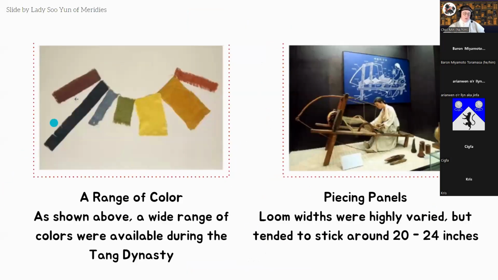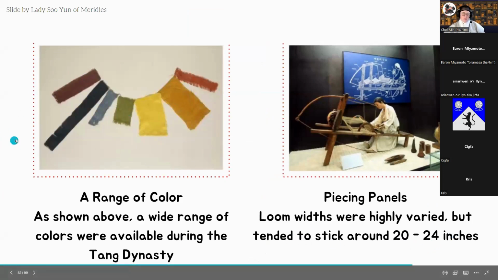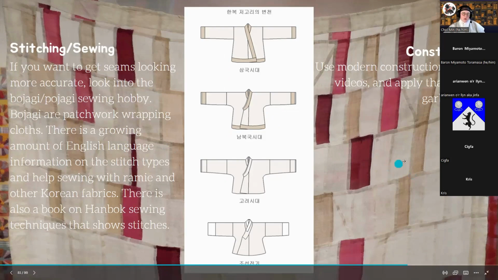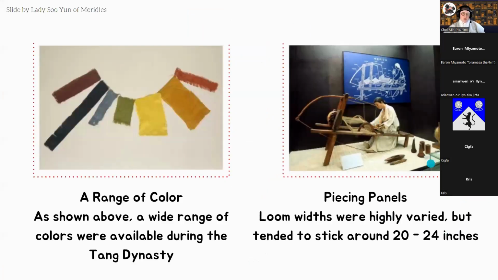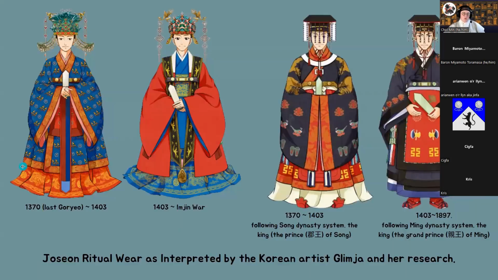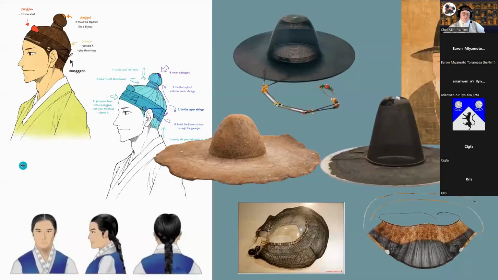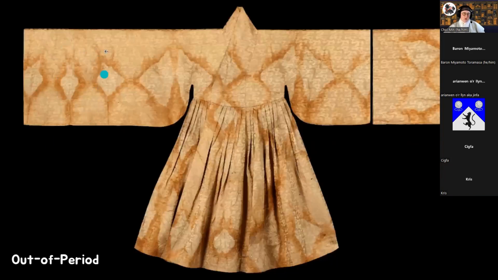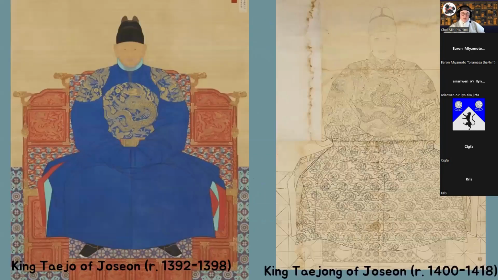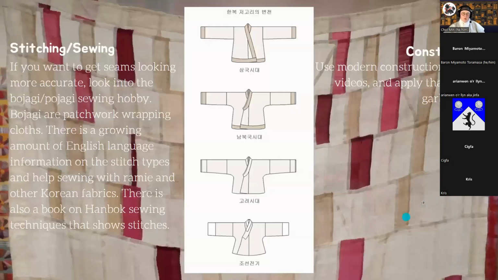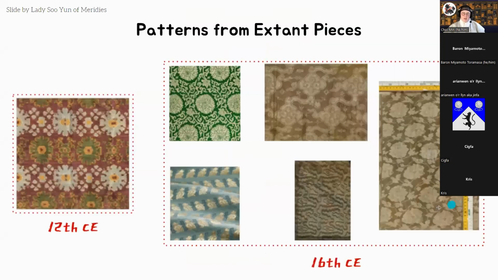I don't know. So we've got a lot of colors, and we have a limited loom width. The loom width could be pretty wide actually, but a lot of the extants I showed you, you're going to have to look for seams and then take the extants measurements and divide it to see what seams they're working with if you wanted to try to replicate that.